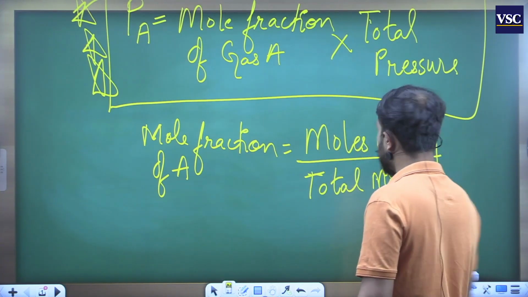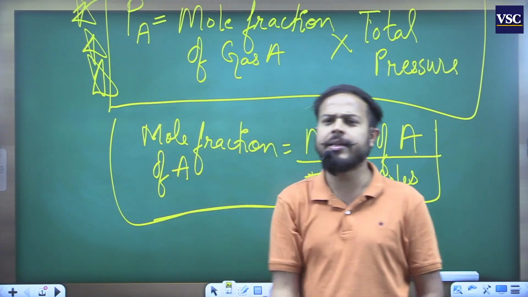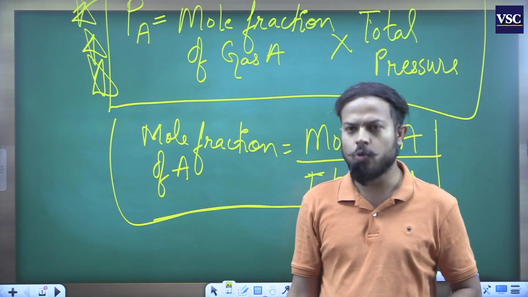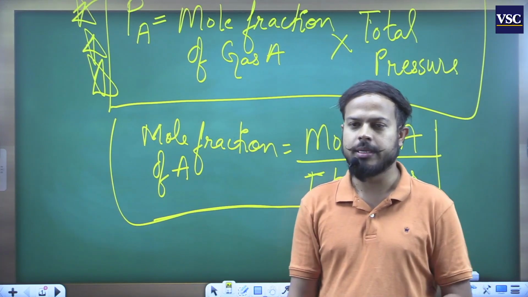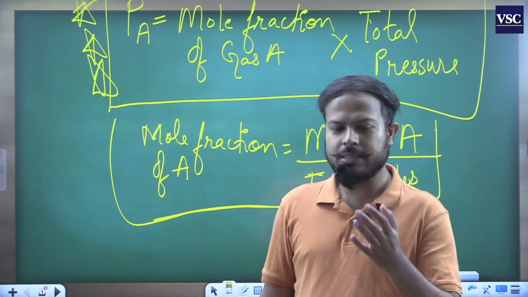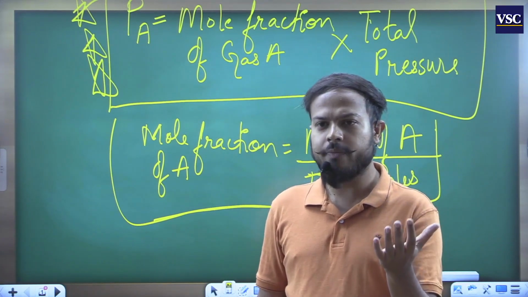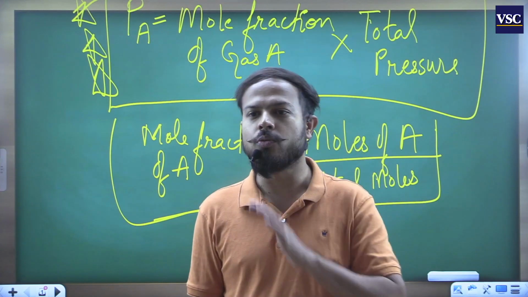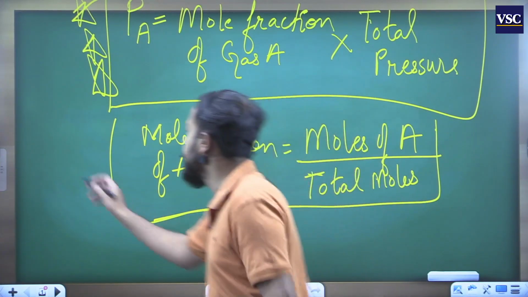So if you want to find the mole fraction of any gas, just write its moles and divide it by total moles. You'll get the mole fraction of gas A, B, C, anything. Just write the moles of that particular gas and divide it by total moles. Okay.